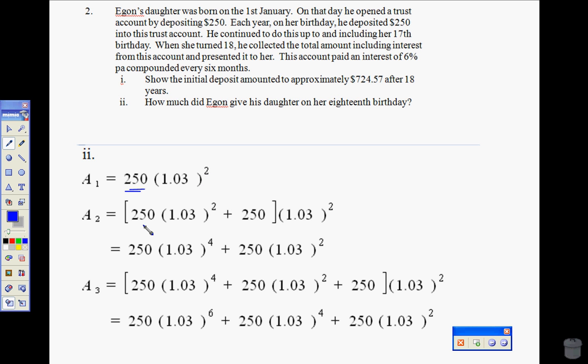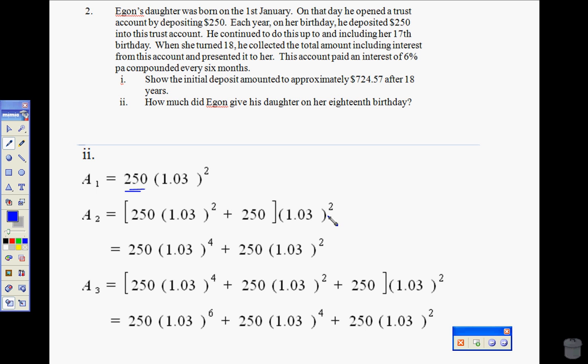So at the end of the first year, that's what it's worth. At the start of the second year, we invest another $250, and then we compound it twice for the year. So notice this time it's not just multiplied by 1.03, but 1.03 squared. This is the real trick to this question. So it's compounded twice there.